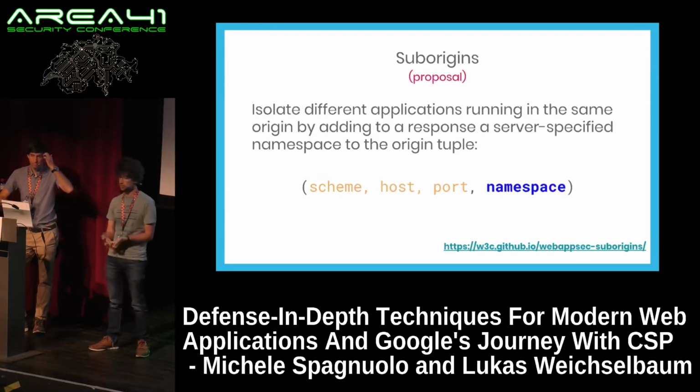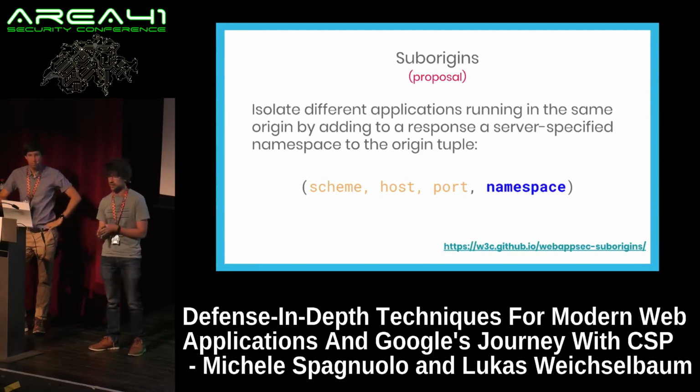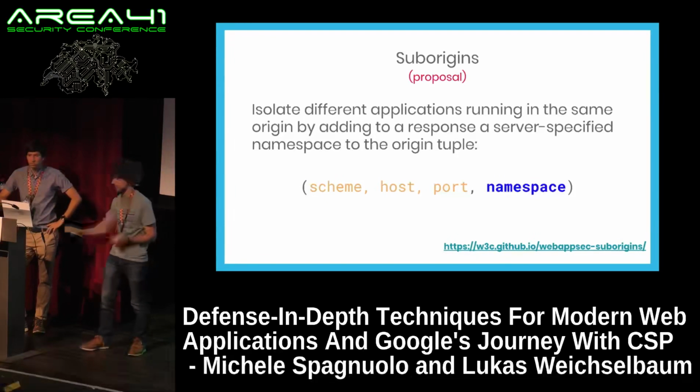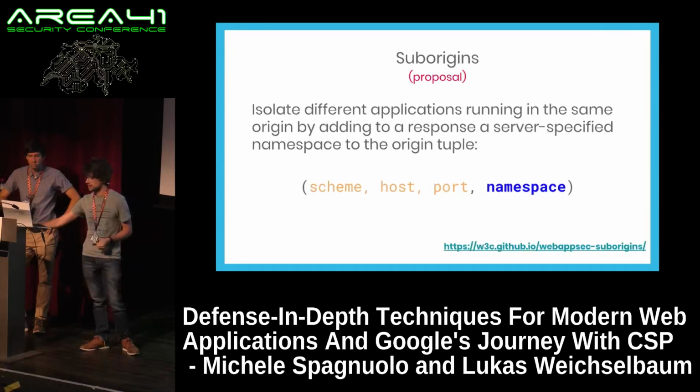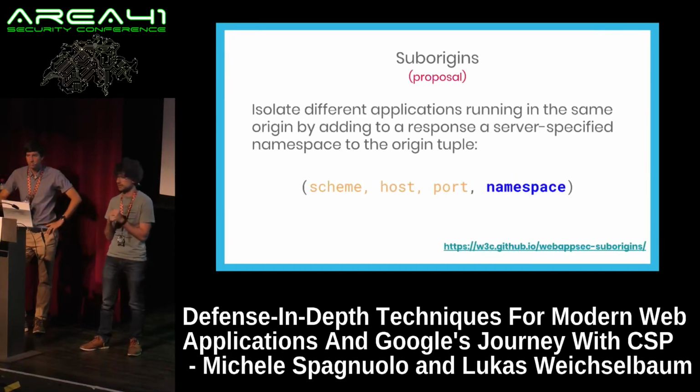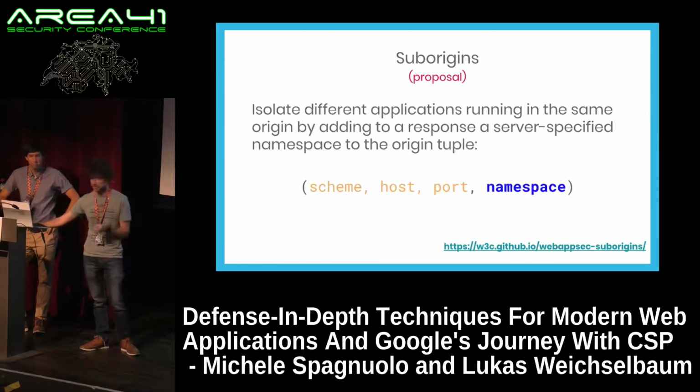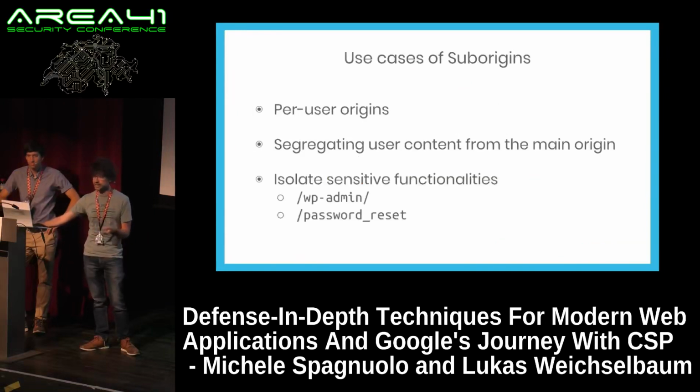The idea with suborigins is that you would add a fourth field called namespace, which is defined in a suborigin header. So you send a suborigin header with, I don't know, admin area or sensitive or marketing pages, and you would be able to further isolate your pages as if they were in a separate origin.